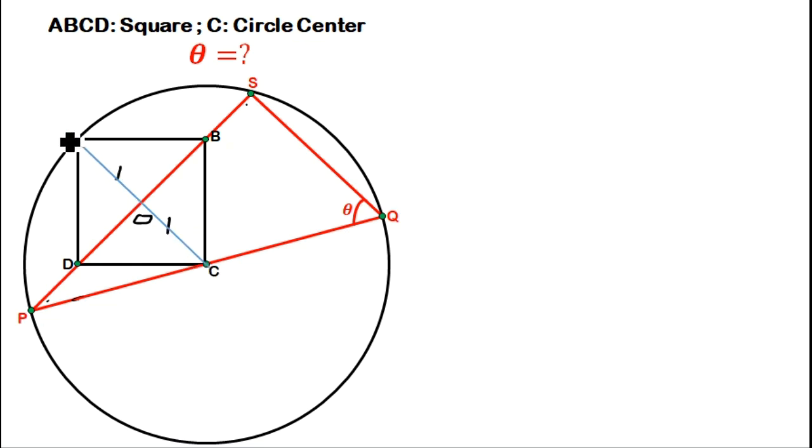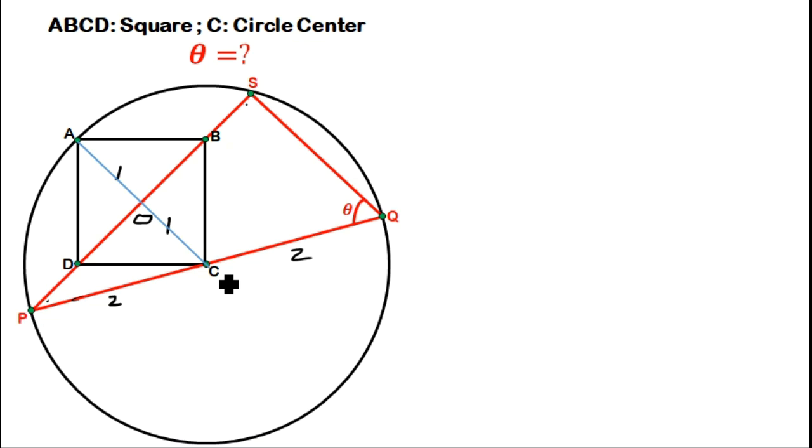So from C to A is the radius, from C to P is the radius, and from C to Q is the radius of the circle. Therefore, from C to A is 1 plus 1, which is 2. So from C to P is also 2 units because it is the radius, and from C to Q is also 2 units because it is the radius.